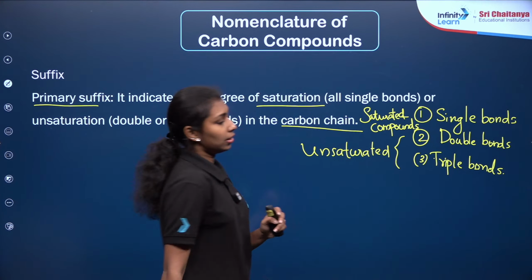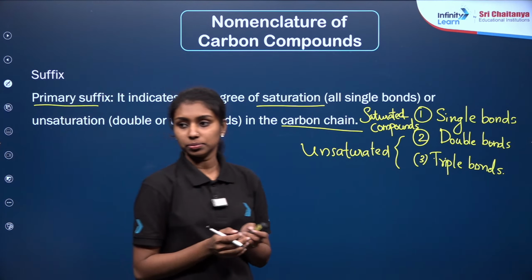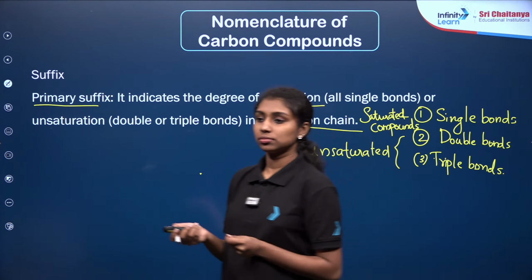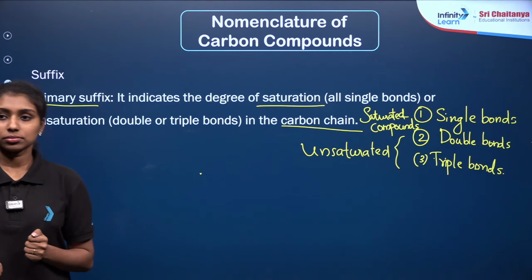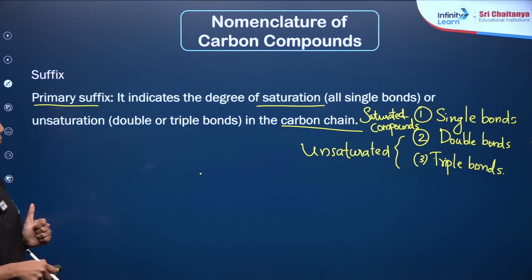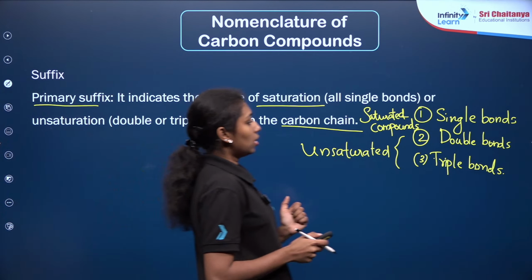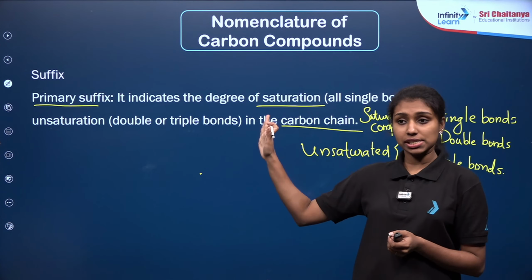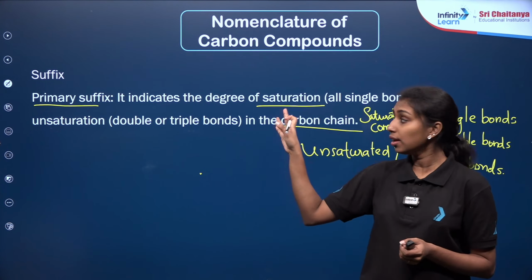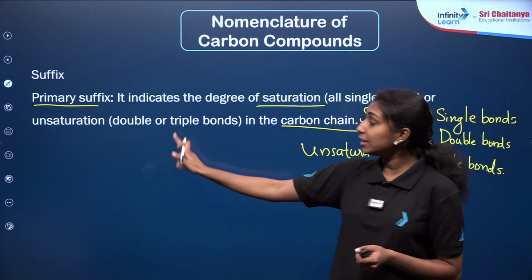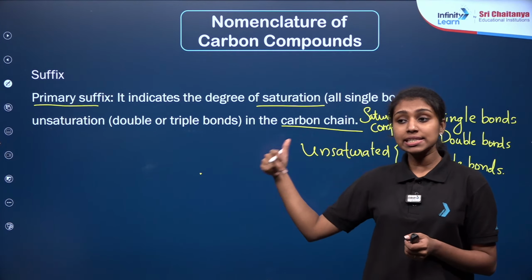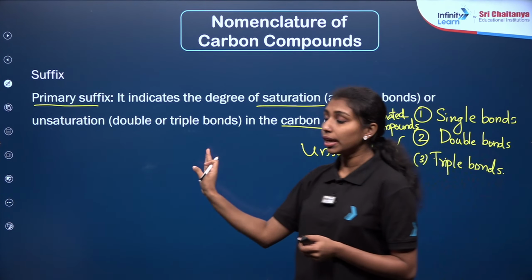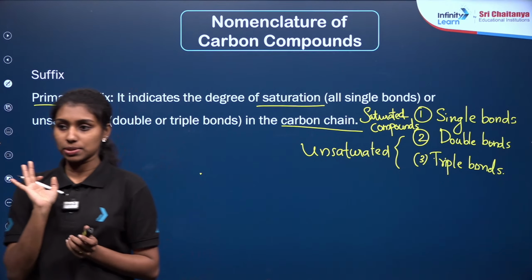Clear? Unsaturated compound. So based on the number of bonds, we can call this the degree of saturation. If you have only single bonds, they are called saturated compounds. If you have double or triple bonds, it is known as an unsaturated compound. So based on that, we can add the suffix for the compounds. Clear?